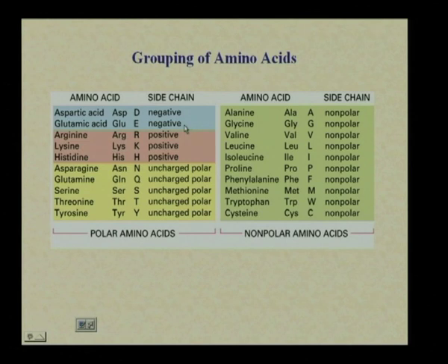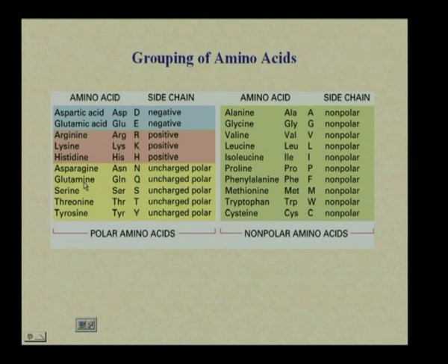These are the acidic amino acids, right? We look at arginine, lysine and histidine. Now, this is where there is one change at times, where the histidine at times occurs in the positive set and at times occurs in the uncharged polar set. Okay?